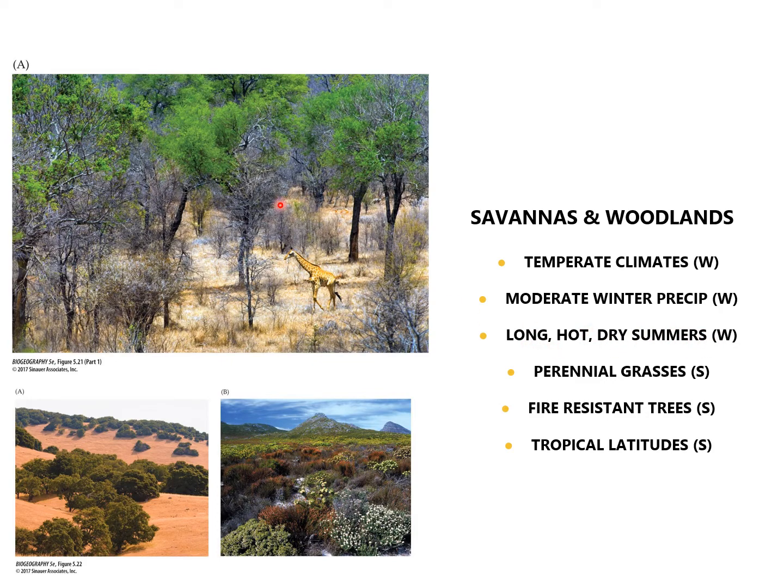And you have this mix of woody trees and shrubbery and a little bit of grassland. Savannas, probably more grassland and smaller vegetation, less woody species, but you have perennial grasses. You do have some trees that are usually fire resistant and tend to occur around tropical latitudes. So that's going to be your savannas and your woodlands.